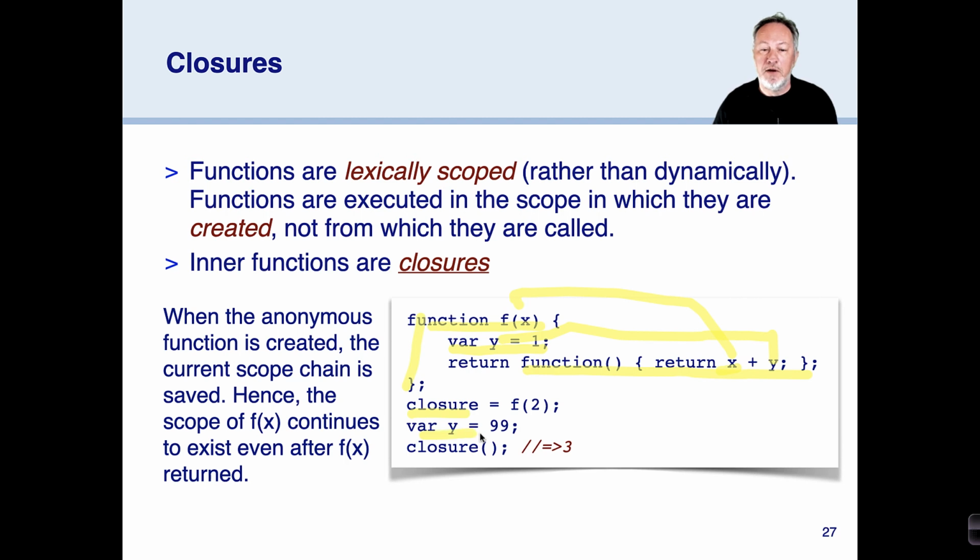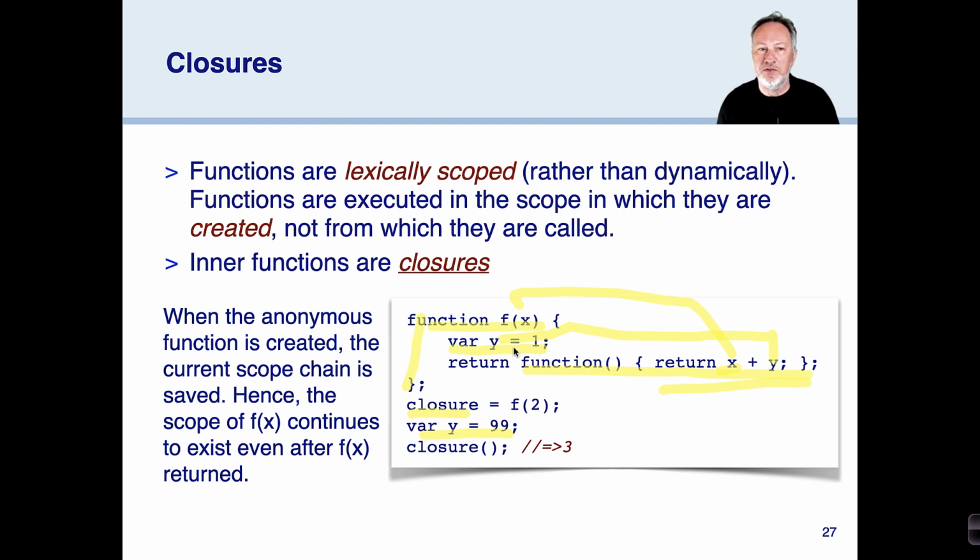So now if I define a global variable y of value 99 and invoke closure, the closure will not see this global y. It'll only see the local one of its local scope. In other words, this expression here with the free variable y has been closed by this environment.